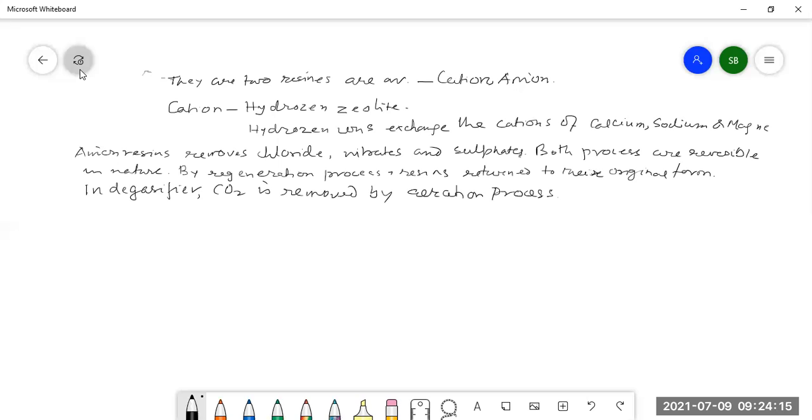Now, silica in water is very, very detrimental.